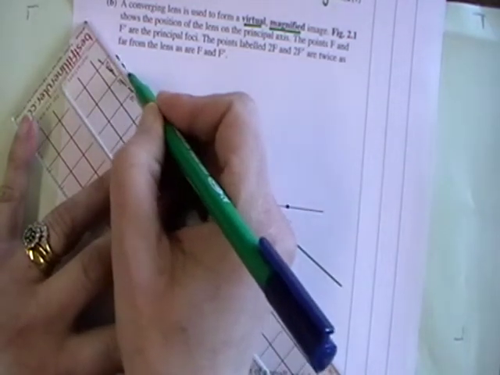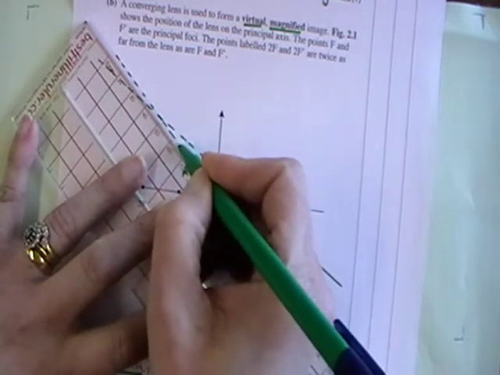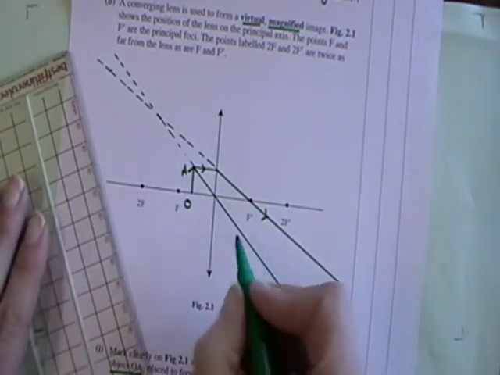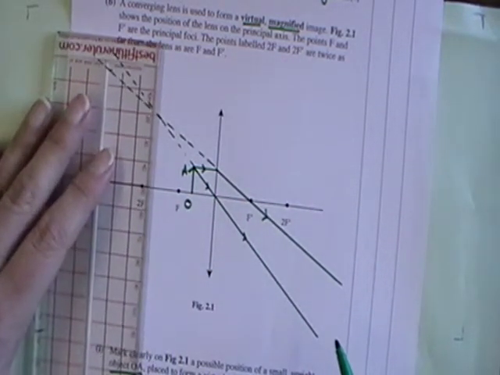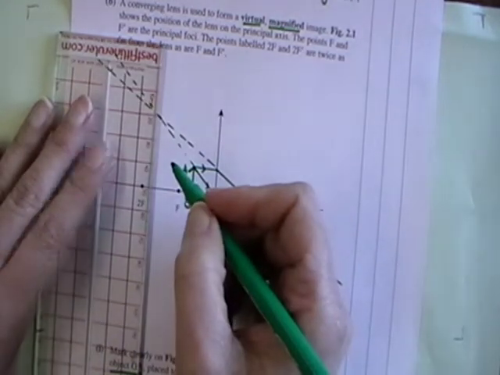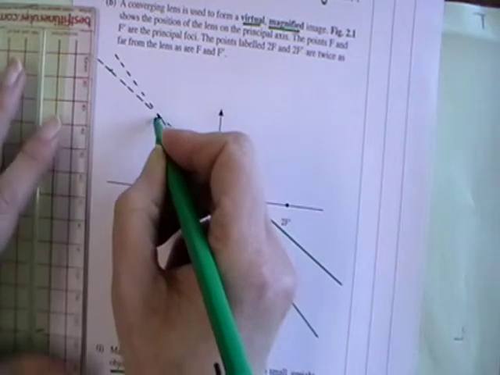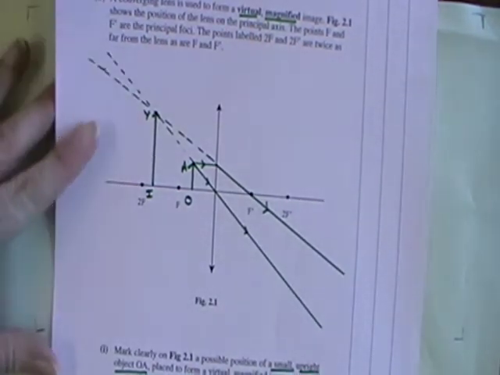And again, we'll continue this behind the lens because we're trying to get a virtual image that's magnified, and put an arrow on the ray. Then we can locate the position of the image where the 2 virtual rays meet, and it must be labelled IY according to the question.